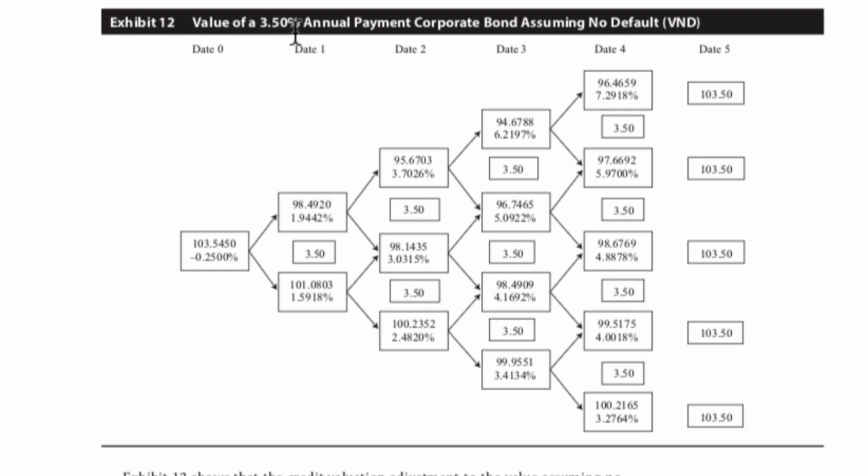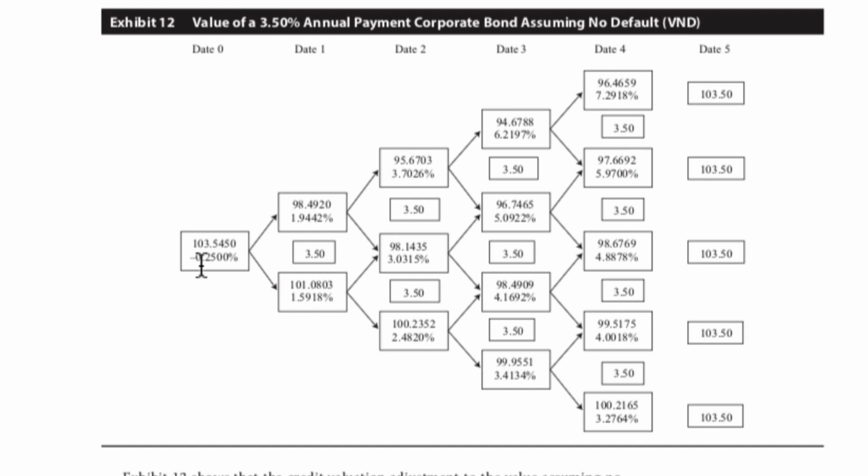This is the value of the 3.5% annual pay corporate bond assuming no default, and they shorten it to VND, value no default. I use PV, and in brackets I use ND. So if you see me using PV for present value and then in brackets ND, that means no default. The reading will use VND to signify no default. But we want to be clear that that is the value that the bond would have if there was no default.